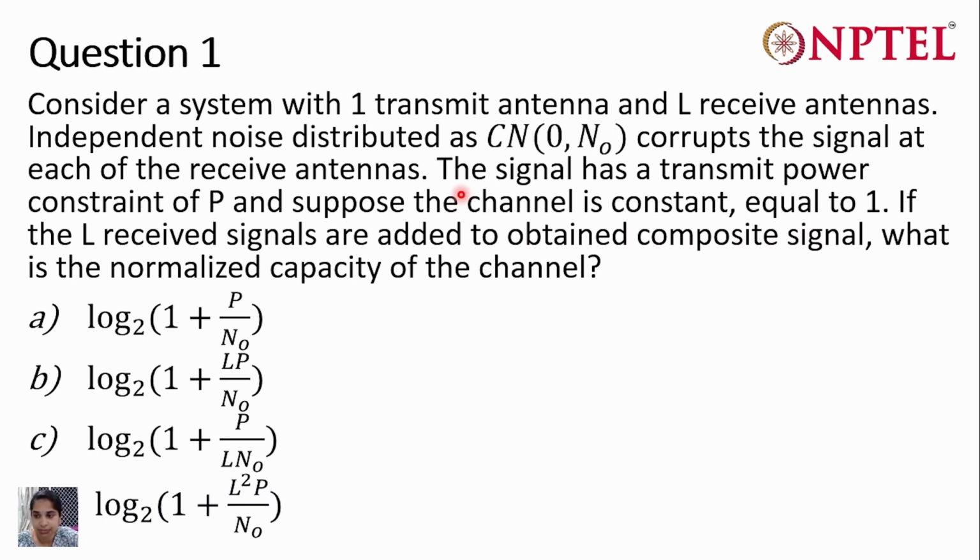If L received signals are added to obtain a composite signal, what is the normalized capacity of the channel? So we're adding all the L received signals.